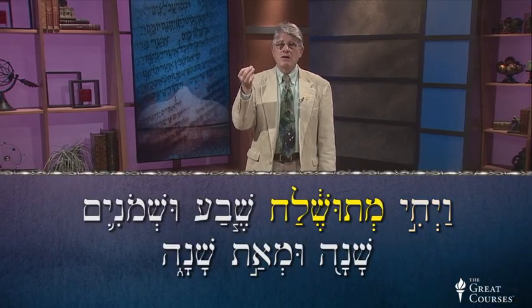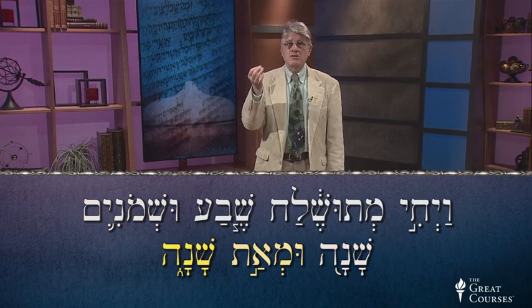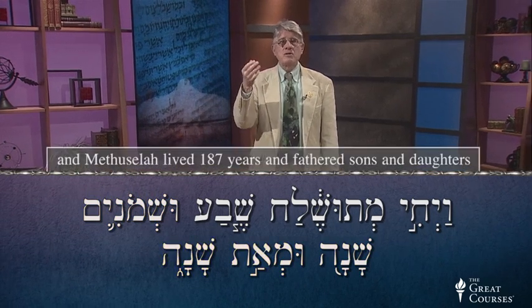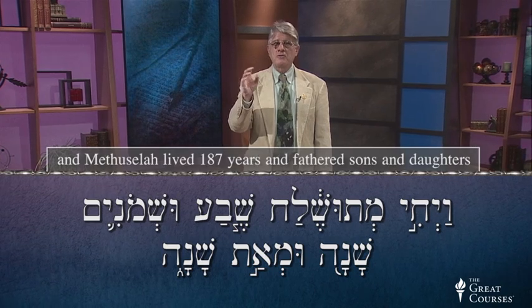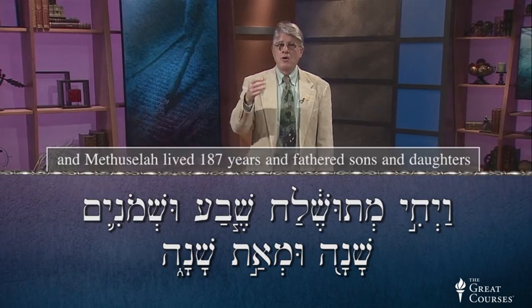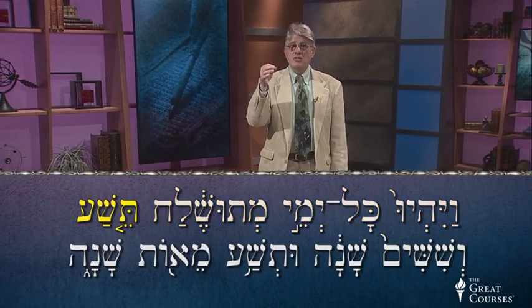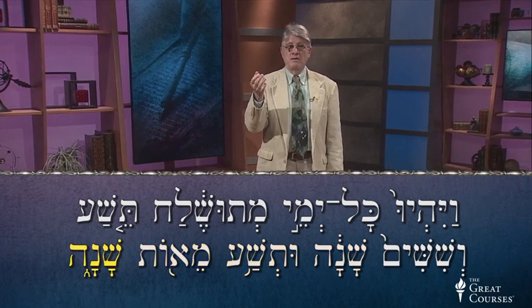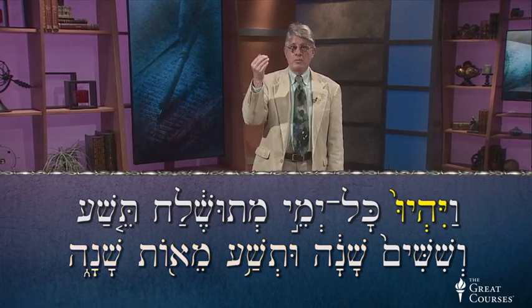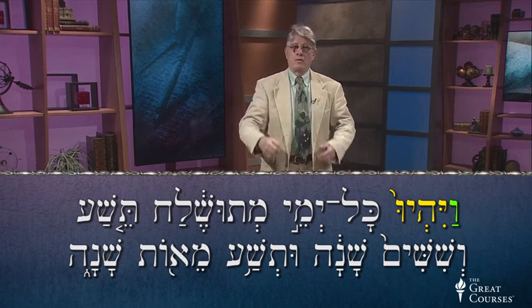Vaychi Metushelach Sheva Ushmonim Shana Ume'at Shana. And Methuselah lived 187 years and fathered sons and daughters. All told, Vayihyu Kol Yemei Metushelach Tesha Veshishim Shana Ucha Me'ot Shana. Yihyu, they will be, vayihyu, and they were.